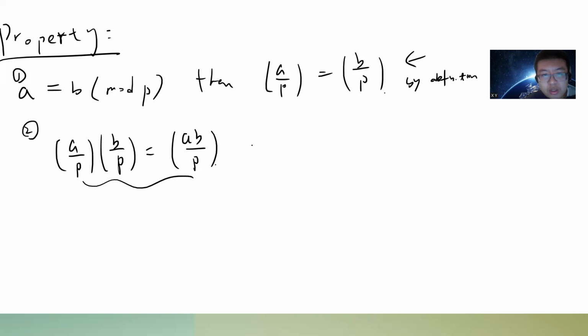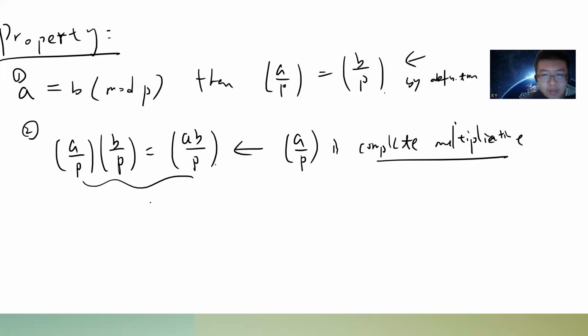Okay, and the second one is this. This means that (A/P) is completely multiplicative. If you know some number theory, you will know what completely multiplicative means. These are also by definition.